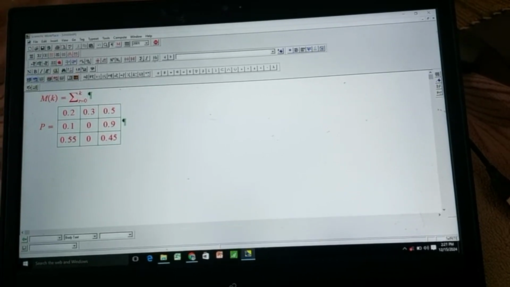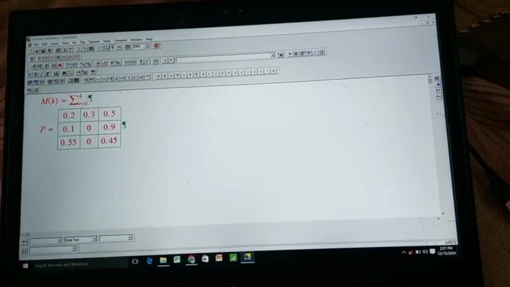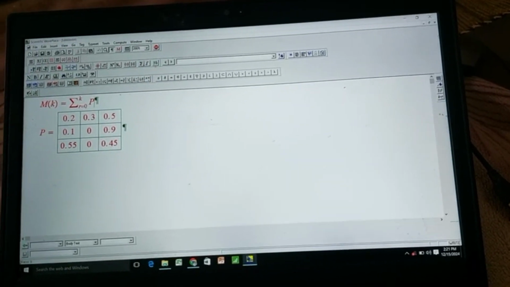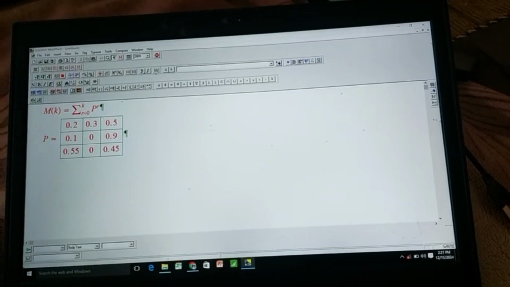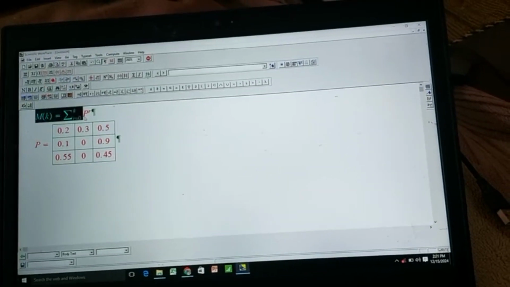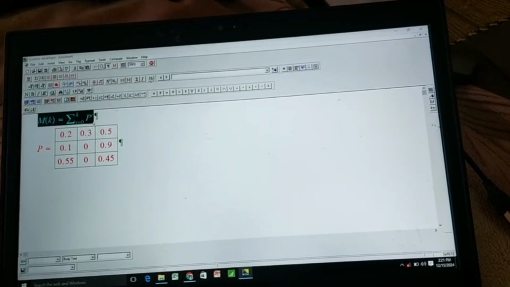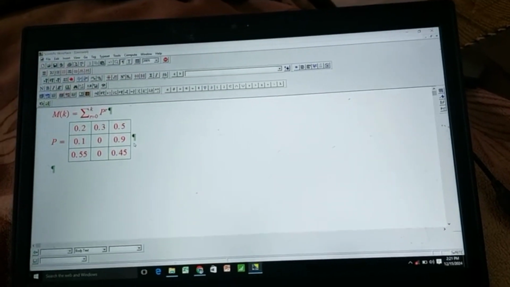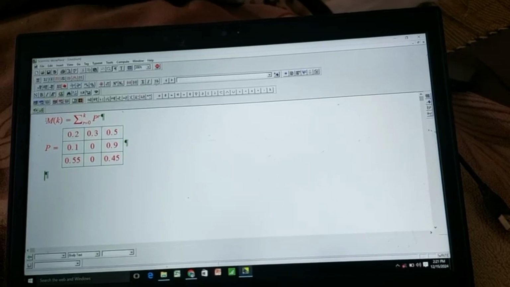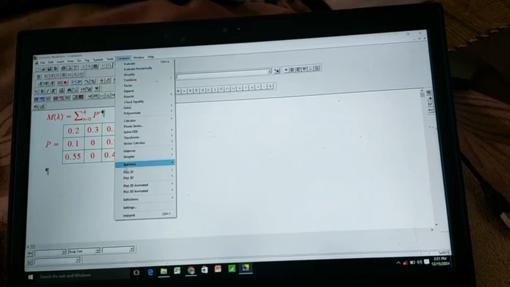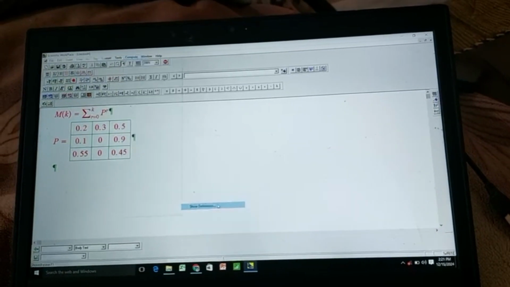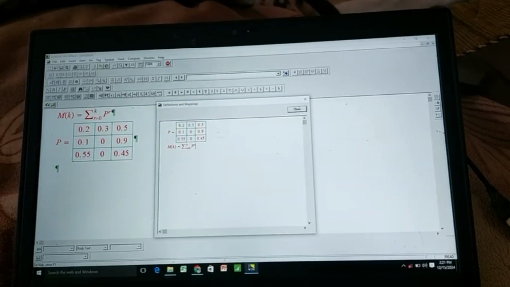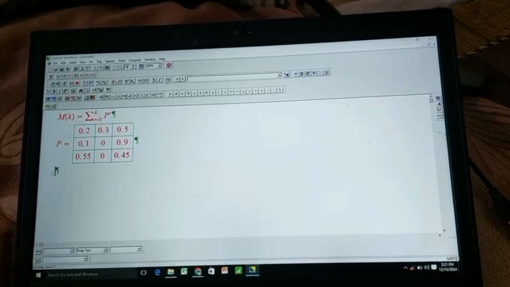Space bar returns to normal writing, and I define the P matrix here, raised to the power r. Then I define this with Control N, equal to, and return to the third row. Now we have defined both of these, so let's check with show definitions, and we have both the matrix and the function defined. So now we are good to go and make the calculation.